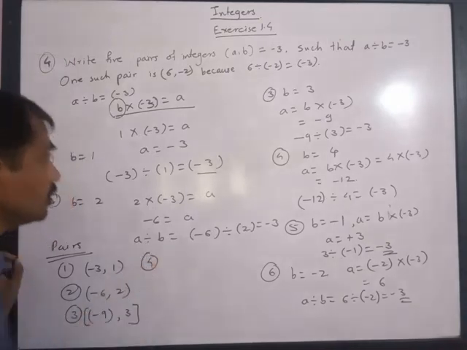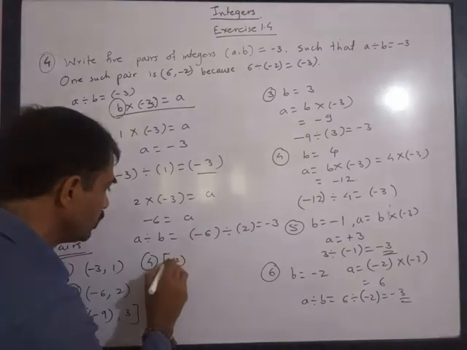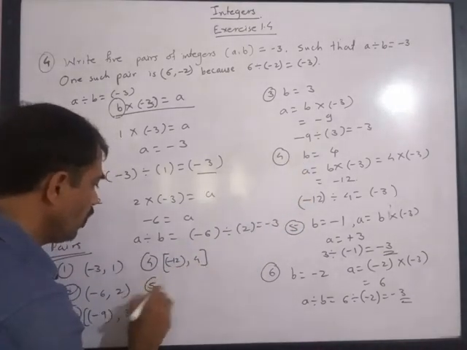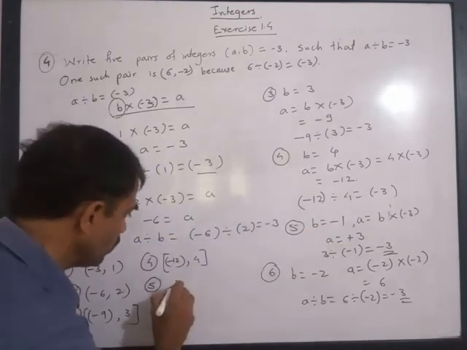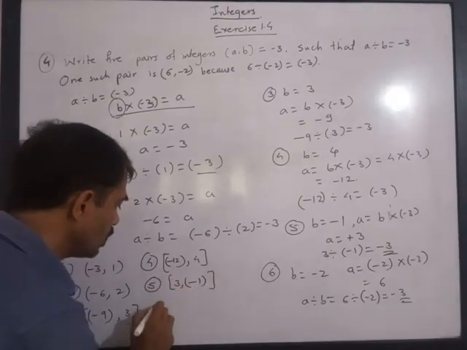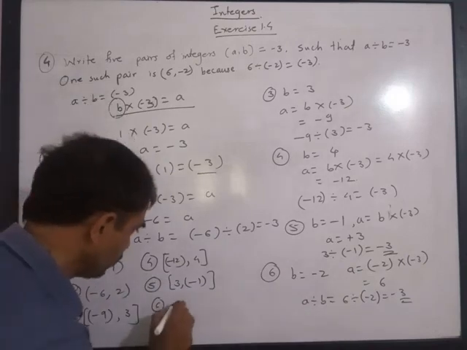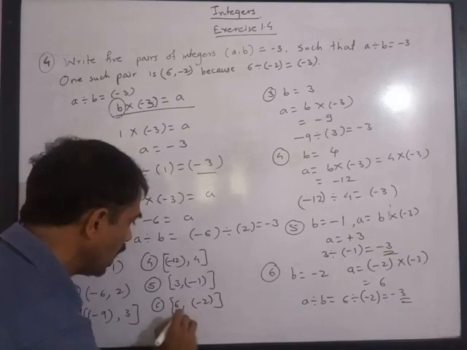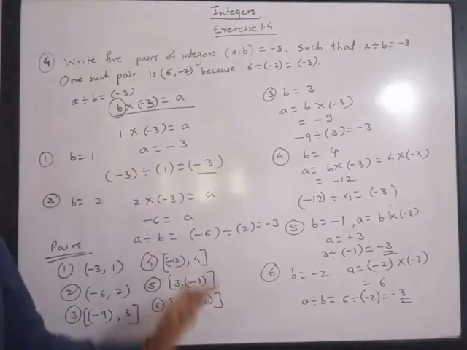Fourth pair, a's value is negative 12 and b's value is 4. Fifth pair, a is equal to positive 3 and b is equal to negative 1. Sixth pair, a is equal to 6 and b is equal to negative 2. So any 5 of these can be written, or you can solve further to write many other values.